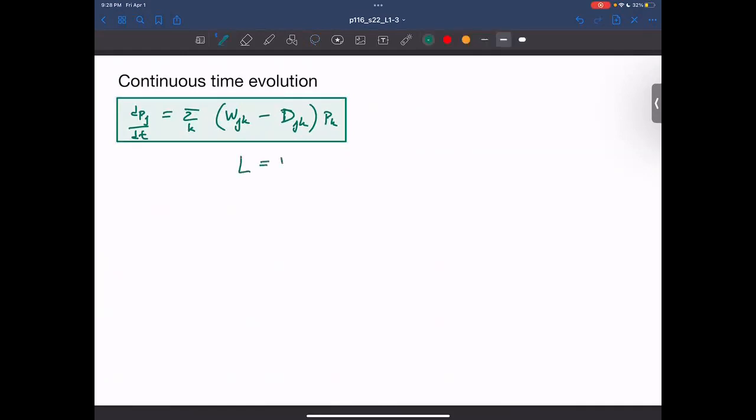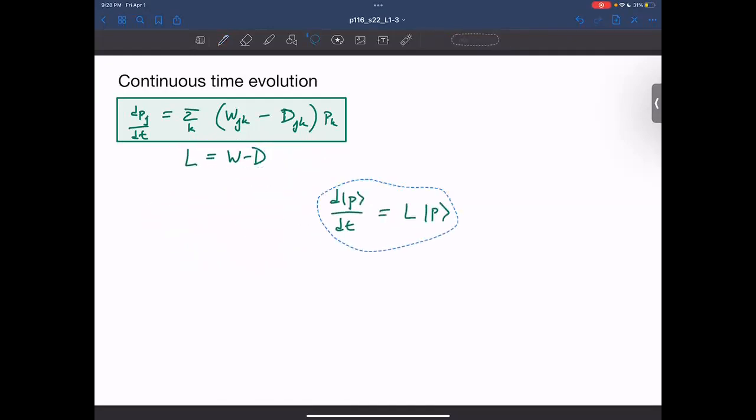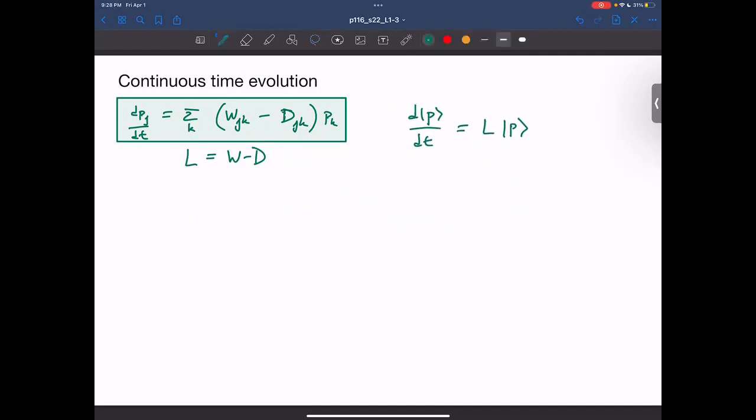We're going to call L equal to W minus D. We're going to think about what happens when we have our differential equation, dP/dt is equal to L times P. I would say this is definitely not a rigorous derivation, but a nice derivation that you can use over and over again in many instances, as long as L is time independent, or if it's time dependent and commutes with itself at various times. Then we can do the following use of notation. I want to say abuse, because it's actually a very nice derivation.